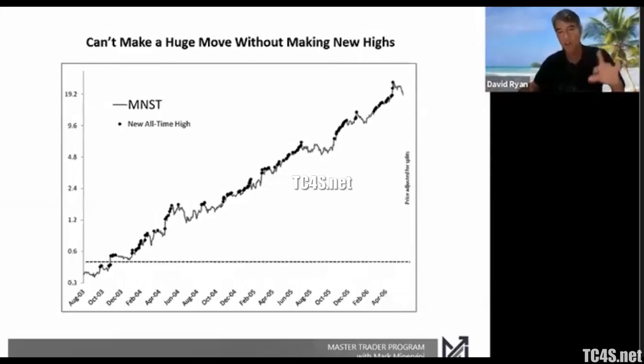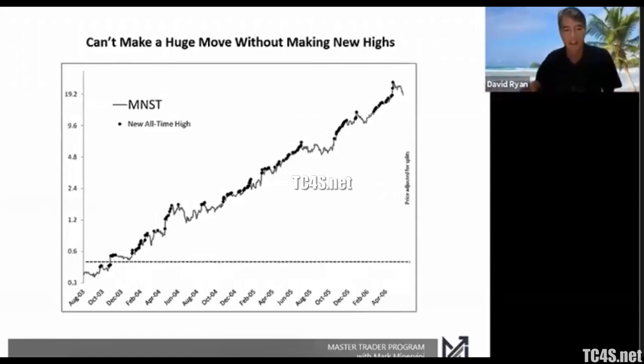So there's no, quote, overhead supply. Everybody that is buying, or everybody that holds that stock when it goes into new high ground, is at a profit, and there's no one ahead of you, and so everybody is happy. The only people that would be selling are people taking a profit.